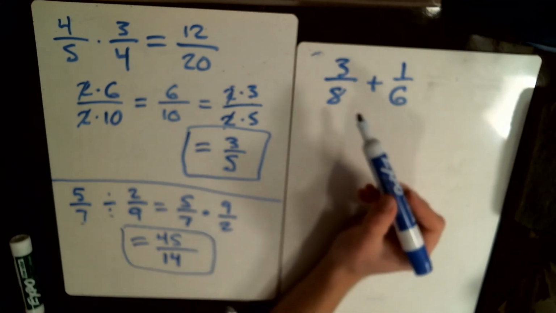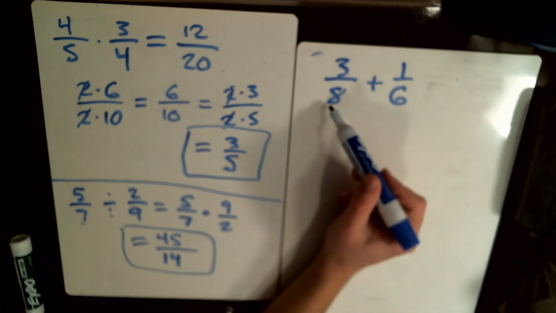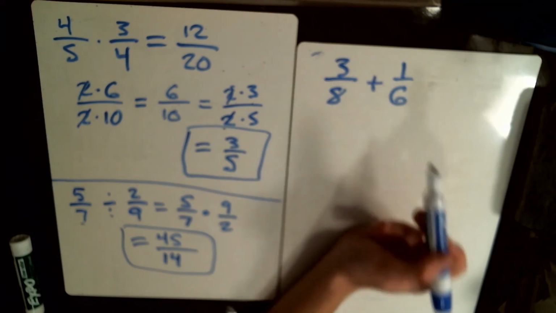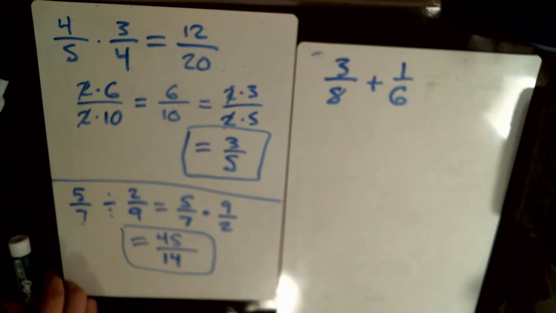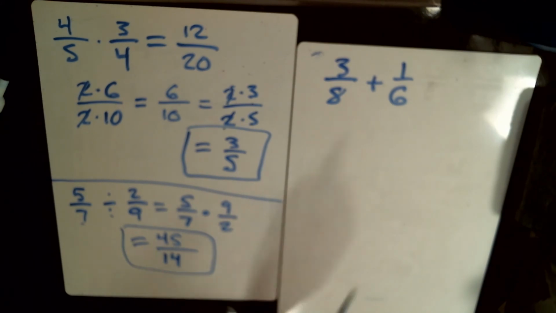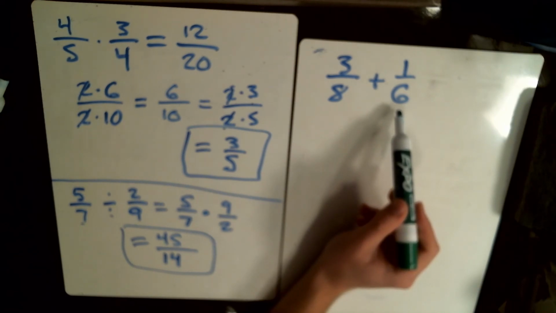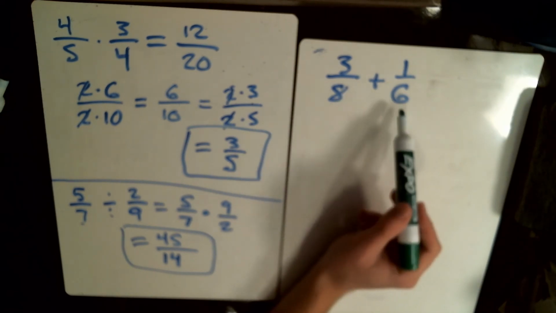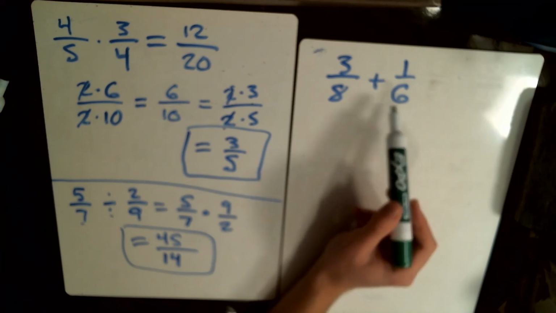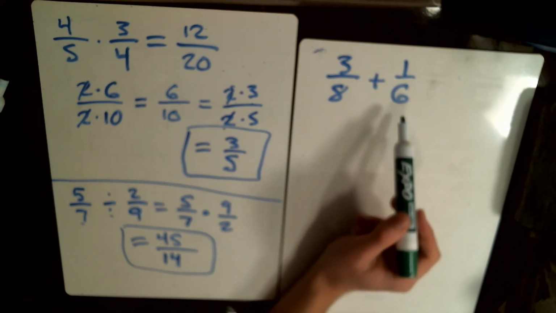So you want to think of a number that both 6 and 8 go into. So can you think of a number that both 6 and 8 go into? Well, 36, I think, right? Or there might be a smaller one. Let's see, 6 goes into 12, but 8 doesn't go into it. And then 18, but 8 doesn't go into it. Let's see. Anyway, I think 36 would be a good option.